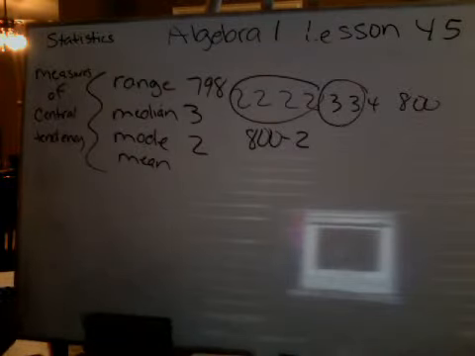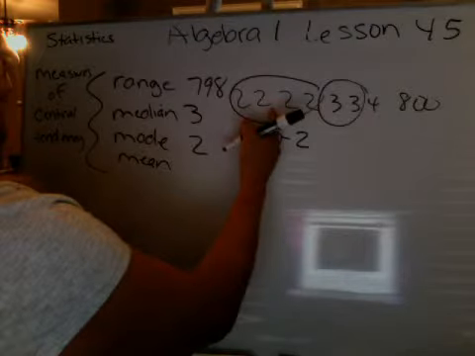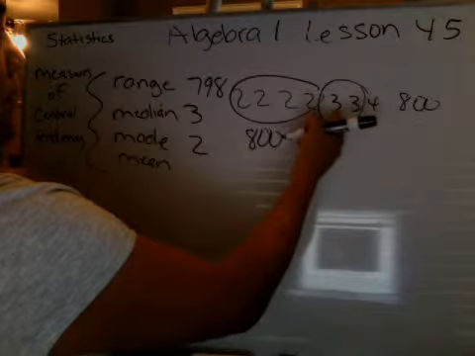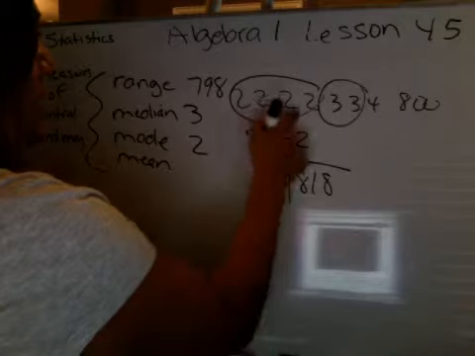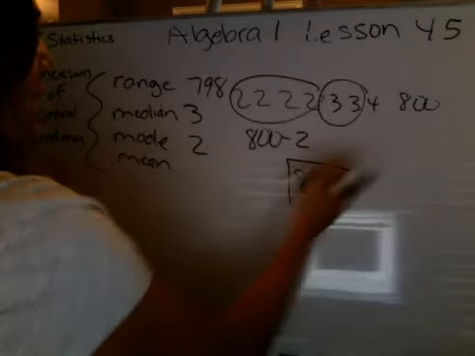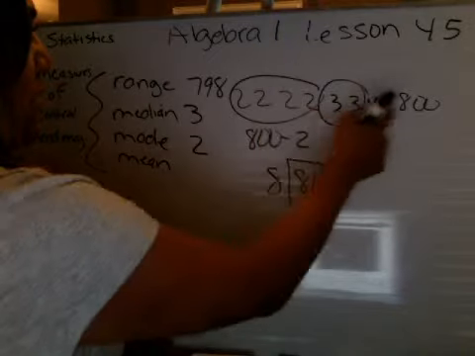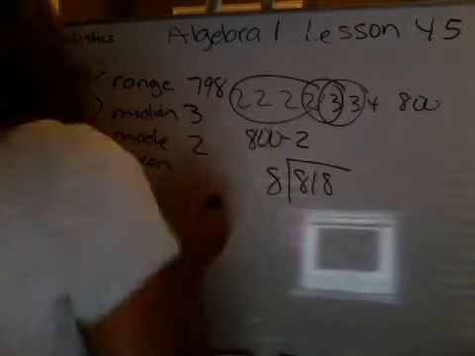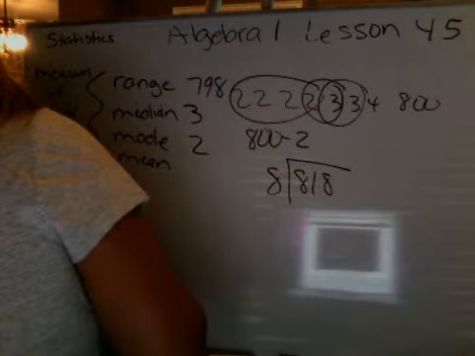Now to find the mean, we add up all these numbers, and this is 818. We said we have 8 numbers, right? 1, 2, 3, 4, 5, 6, 7, 8. Oh, actually, I have all the numbers written down right.